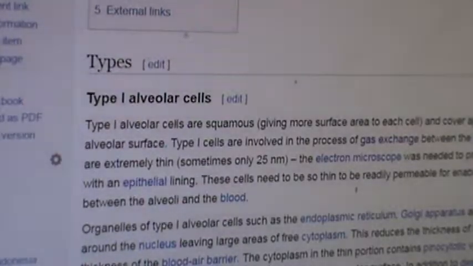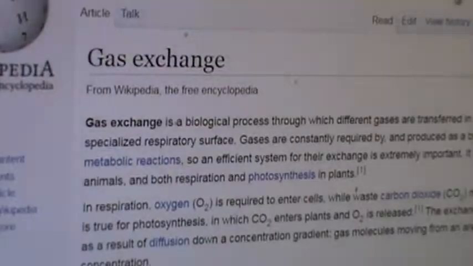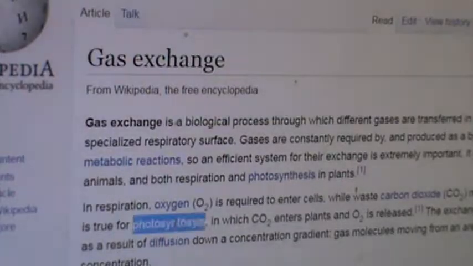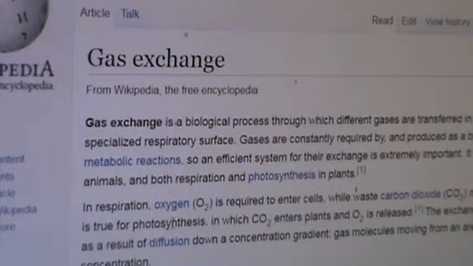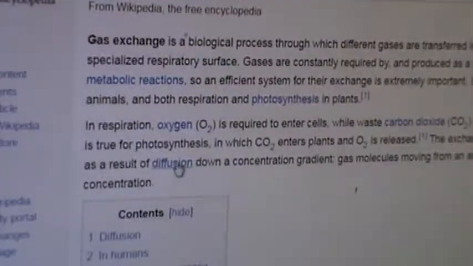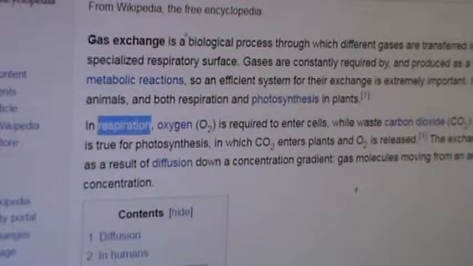Like, whoa. Yeah, so we solved oxygen. So we solved diffusion, we solved gas exchange, respiration, anything T-I-O-N ends in Father.